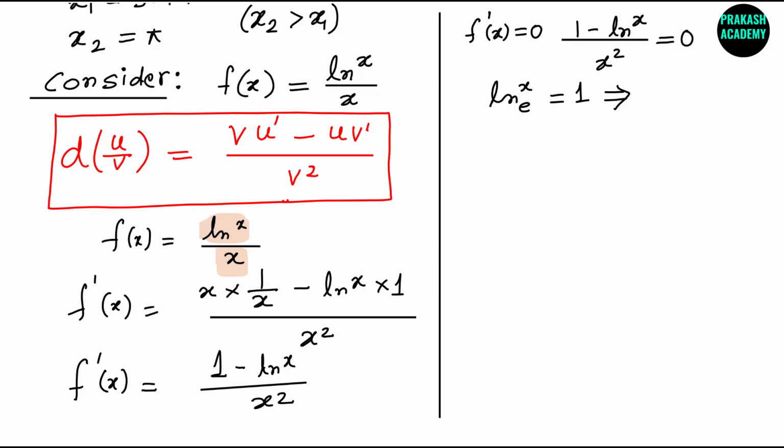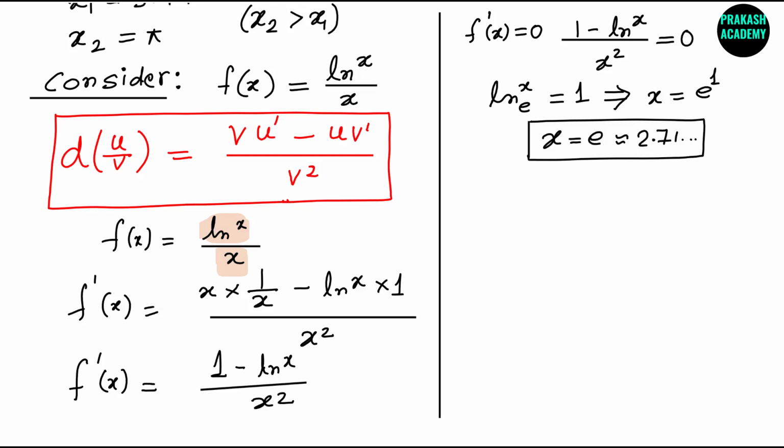And in this case the base is e, so x will be e raised to the power 1, which is simply e. And you may remember the approximate value of e is 2.71 something. So this is the value for x. This means at this point either maxima or minima occurs.